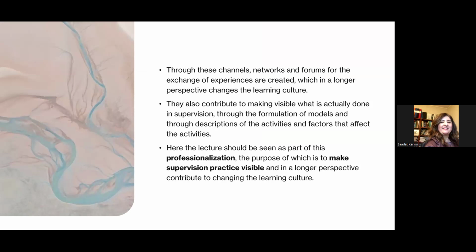They also contribute to making visible what is actually done in supervision through the formulation of models and through descriptions of the activities and factors that affect the activities. Here, the lecture should be seen as part of this professionalization, the purpose of which is to make supervision practice visible and in a longer perspective, contribute to changing the learning culture.